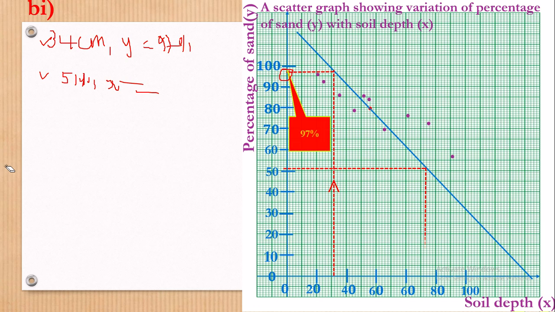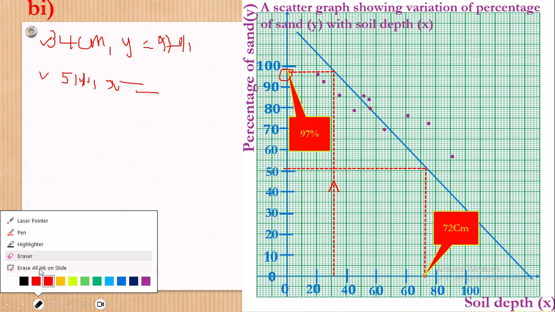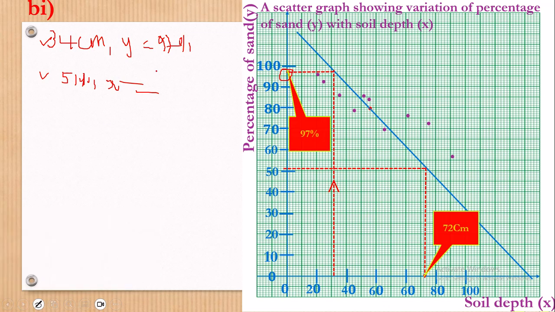We shall have to read that point down there. That's what we need. You must understand the scale, by the way. And that one will give us simply 72 centimeters. So the x is equal to 72 centimeters.